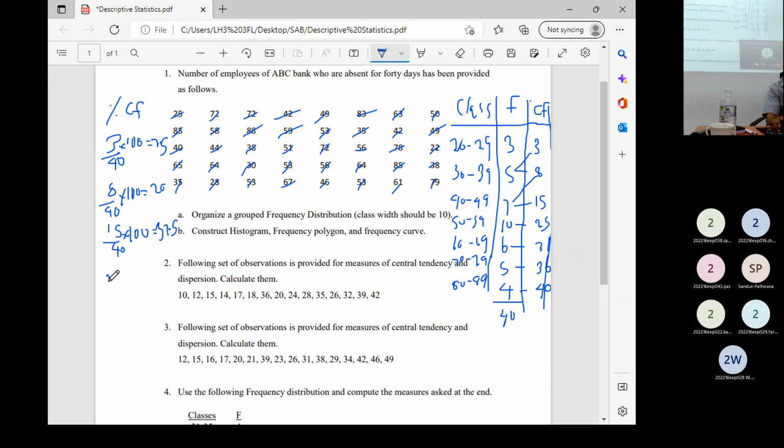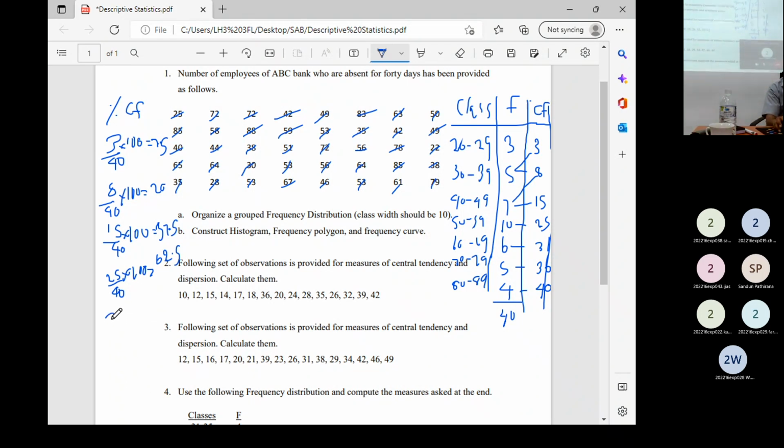Next, the fourth row: 25 over 40 multiplied by 100. That is 62.5.